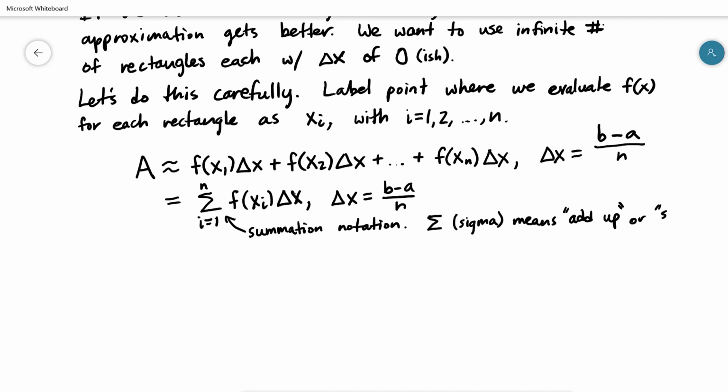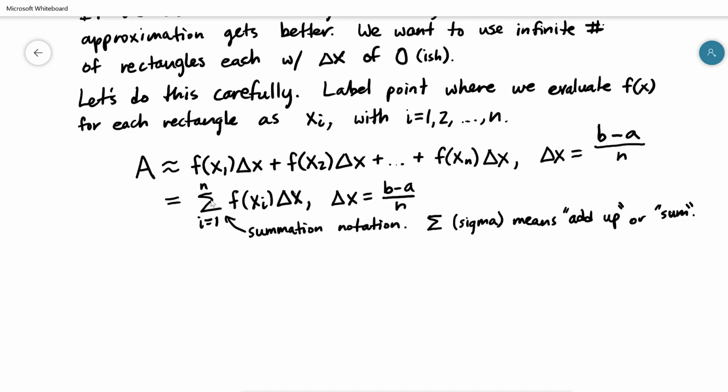Or sum. That's why it's called summation notation. We're just summing all of these things. And this bottom number down here, i equals 1, tells us where we're going to start summing, and this number up at the top tells us where we're going to stop.